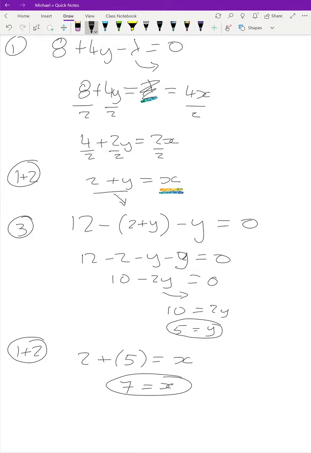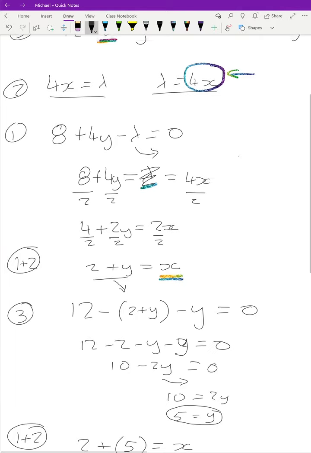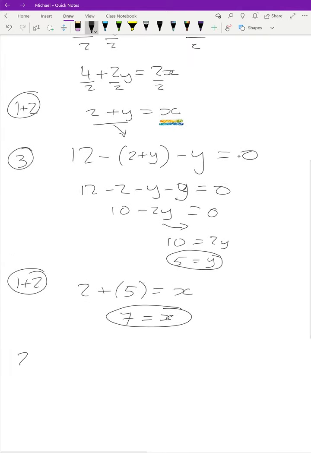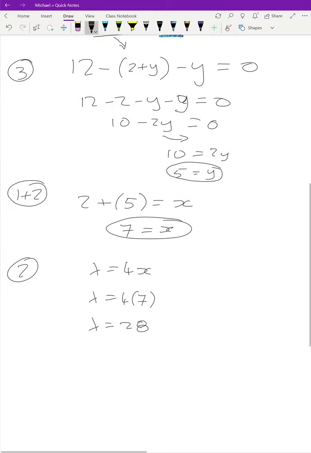And then finally I can substitute into the one that was equation 2 rearranged, which was lambda equals 4x. So lambda equals 4 times x, and x is 7. Lambda equals 28. And that means I found that x equals 7, y equals 5, and lambda equals 28.